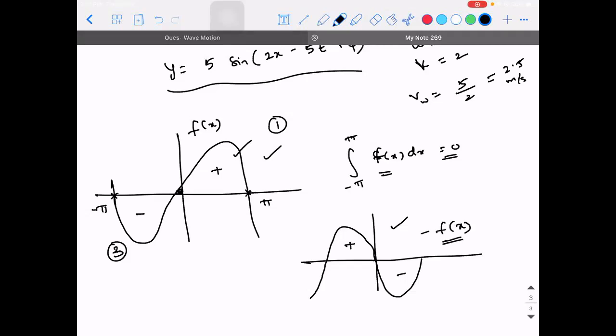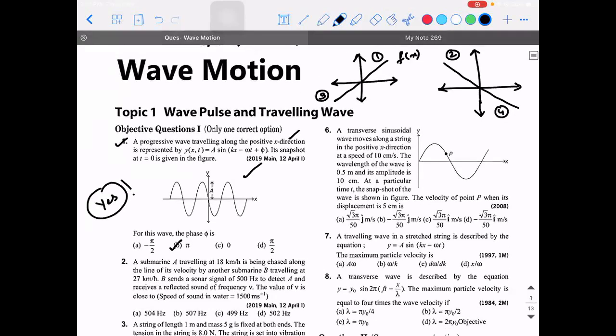You're able to understand this? The same thing has happened with respect to this graph also. They have given it as a sine function, but what have they actually drawn? They have drawn minus sine or something. So sine will become negative for the first time after it enters which quadrant?